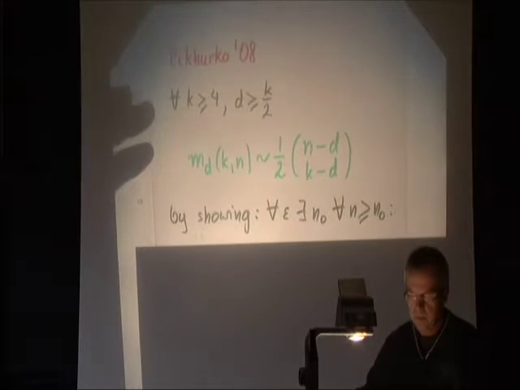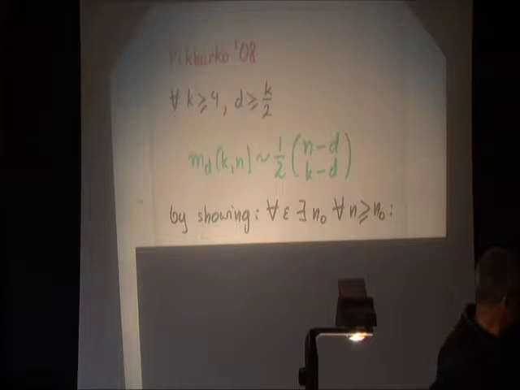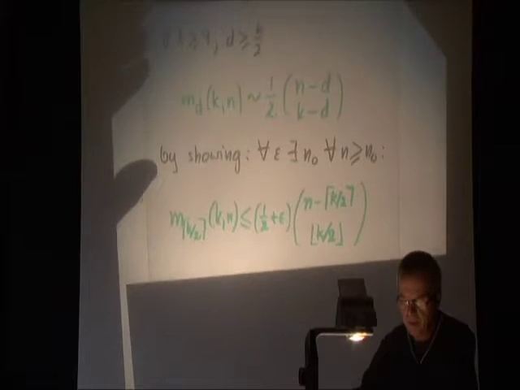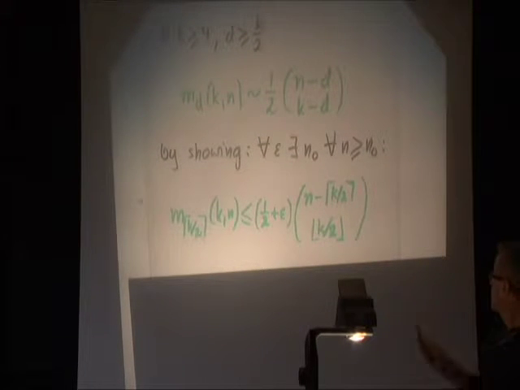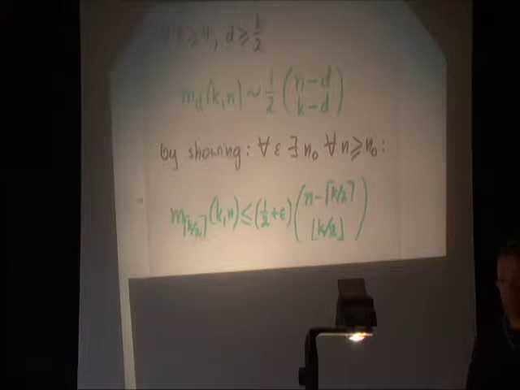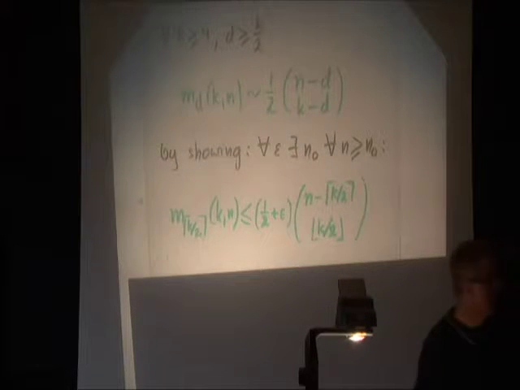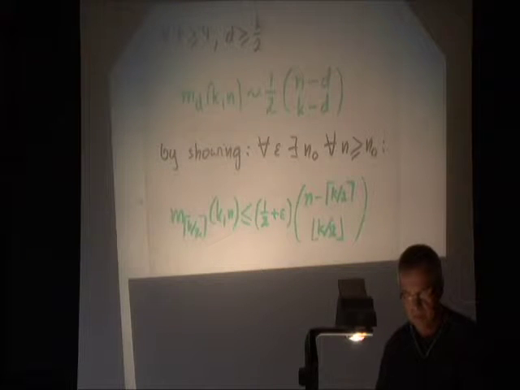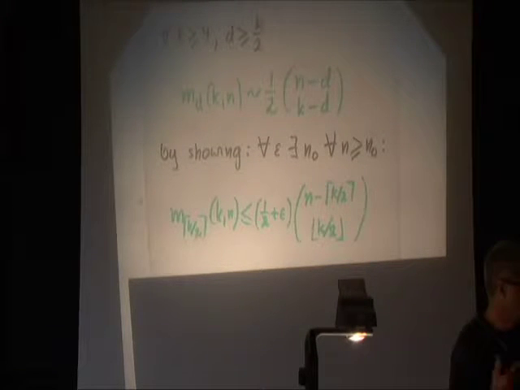And in fact, again, due to this line on the bottom, the relation between degrees, it was enough for him just to show that for this k over 2, if you have this degree at least this much, you have a perfect matching. And then it follows from this for every bigger d. And the lower bound was already there. He used some probabilistic method.